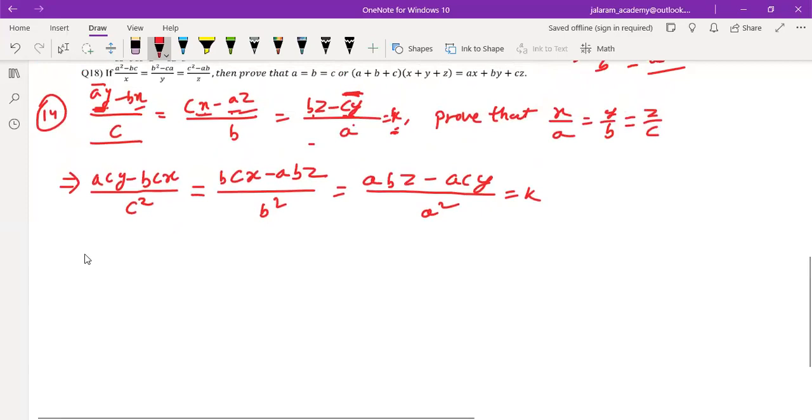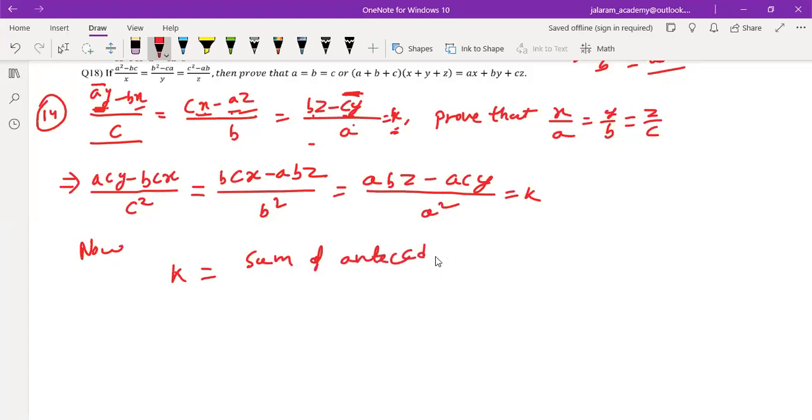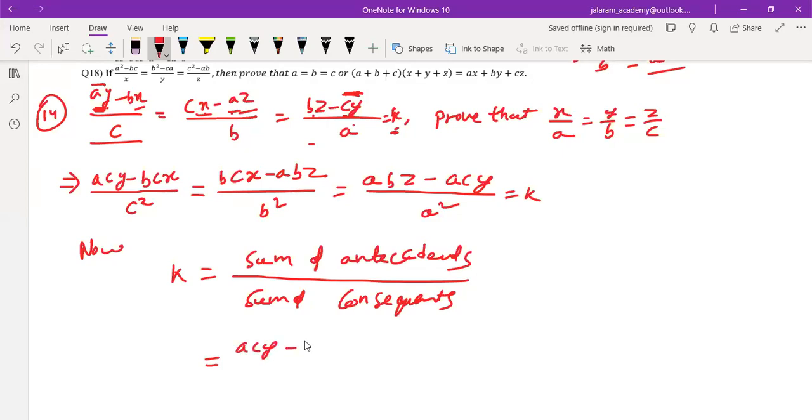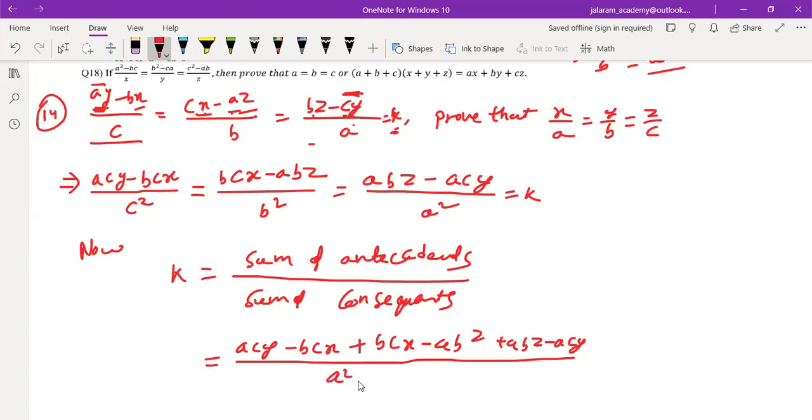Now if we use k equals the sum of antecedents over the sum of consequents, it is equal to (acy - bcx + bcx - abz + abz - acy) over the denominator a² + b² + c².